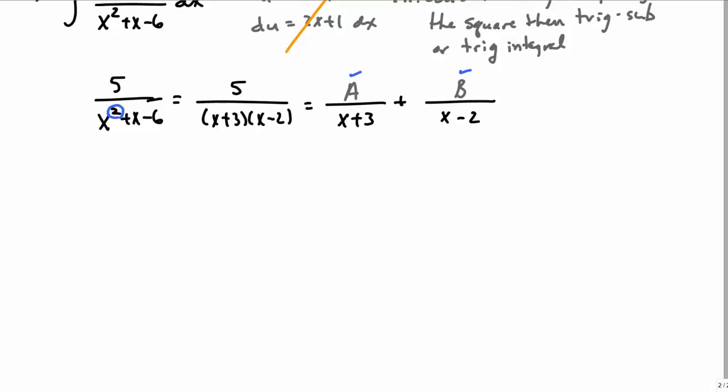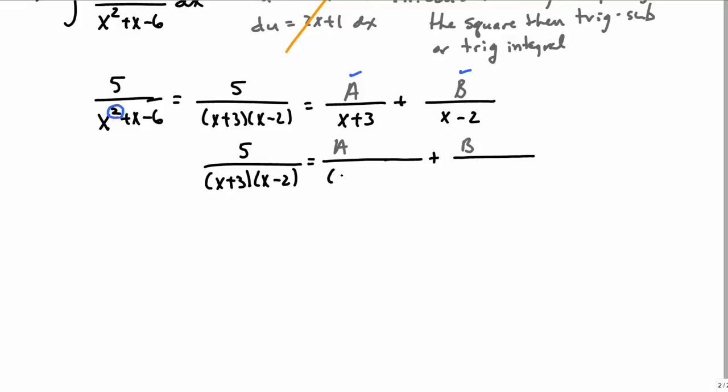So the easiest way to solve here is to clear the fraction, and we're going to clear the fraction by thinking about this common denominator. On the left-hand side, I'll leave that, and then on the right-hand side, my common denominator would be the product of x plus 3 times x minus 2. So again, I have this A and this B that I'm working with. On this one, I already have an x plus 3. This one, I already have an x minus 2.